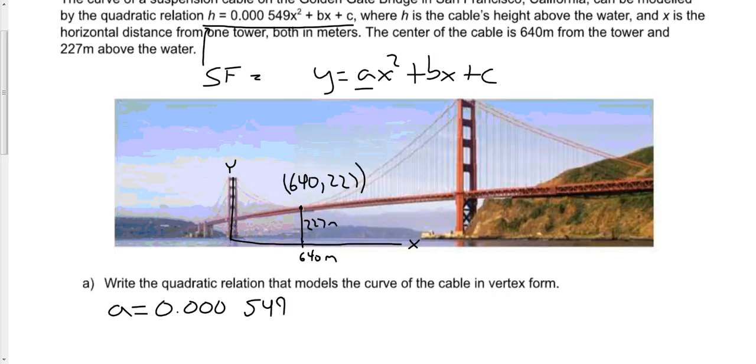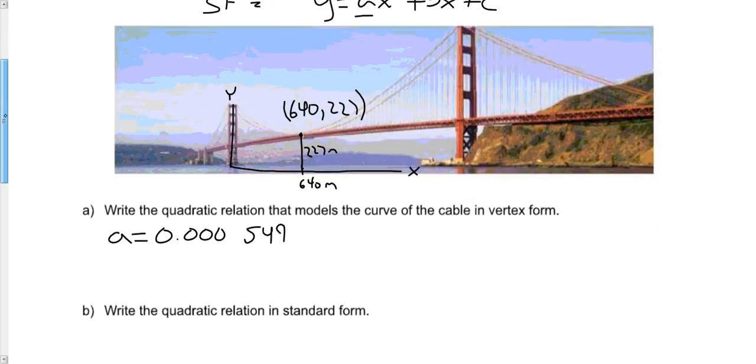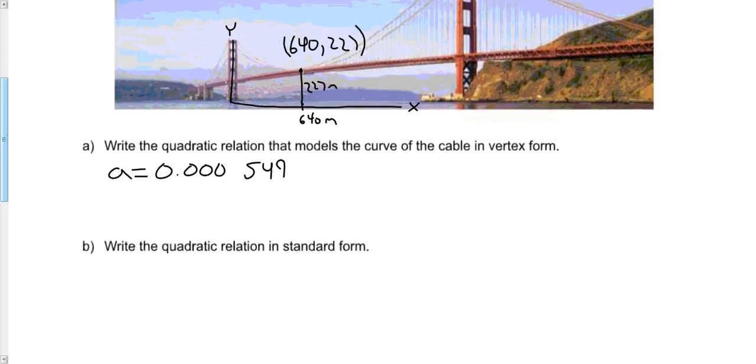Now we've got to figure out, well, what are the h and the k values? Well, now that we have the vertex of this particular parabola, we know that 640 is the h value, because that represents the horizontal shift of the vertex of this parabola, and k represents the vertical shift.